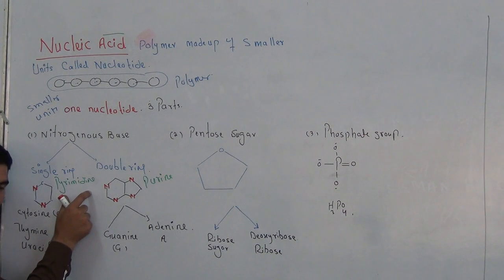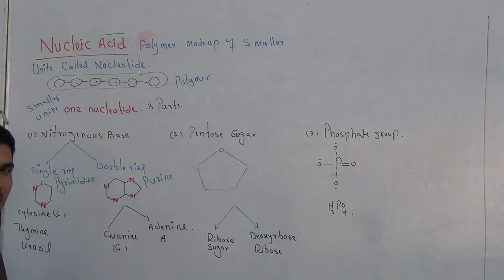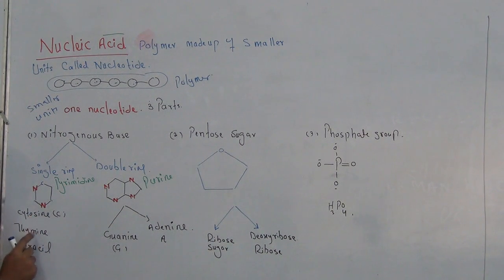Pyrimidine is the name given to 3 compounds: cytosine, thymine and uracil. Cytosine can be written as C, thymine can be written as T in short form, and uracil can be written as U. Remember, these 3, cytosine, thymine, uracil, are pyrimidine nitrogenous bases.